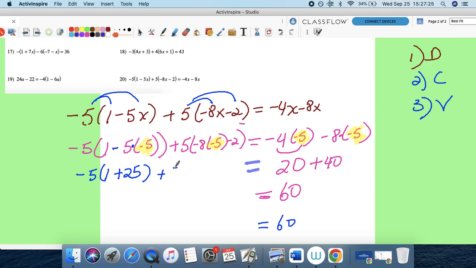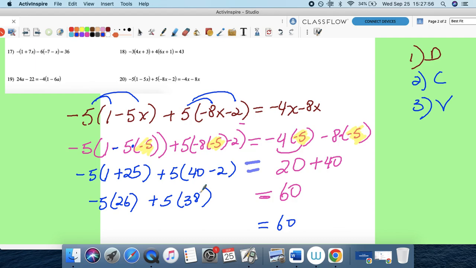Plus 5 times, and let's do inside the parentheses, I got negative 8 times negative 5, which is 40, and then I'm going to have to subtract 2. Next line. 1 plus 25 is 26. Plus 5 times, and we're going to do 5 times 40 minus 2 is 38. And hopefully that gives us 60.